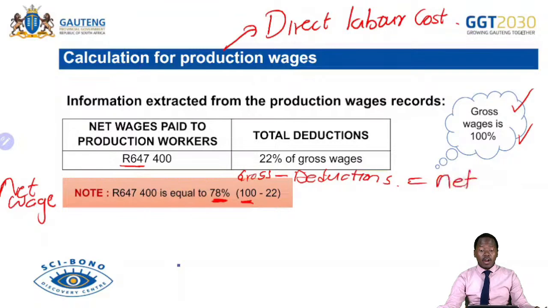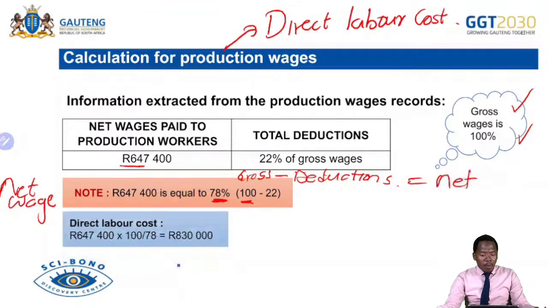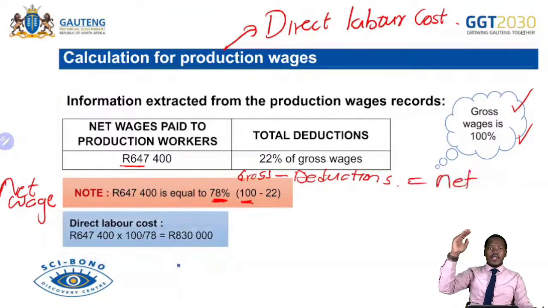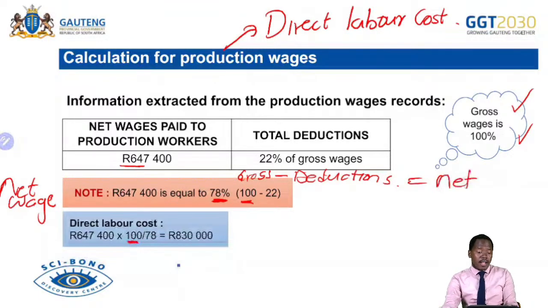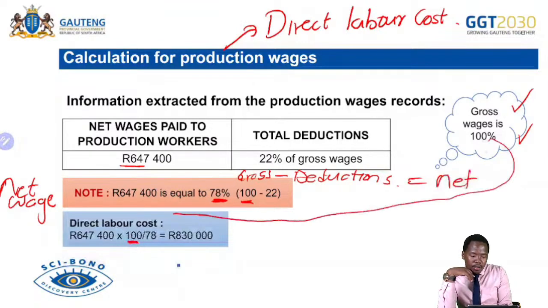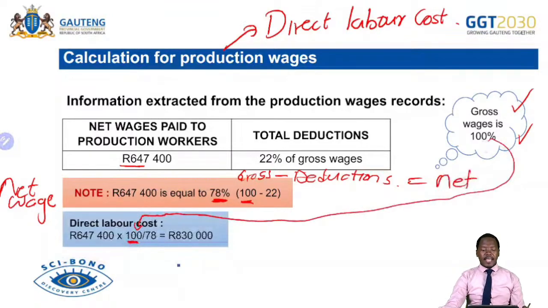Now, grade 12, let us move on. Now we are applying our UK method. Unknown over known. UK method. Now, I am looking for my gross wage. For me to get my gross wage, grade 12, what am I going to do? I'm taking my net wage, multiplied by 100, putting 100 on top because that is what I'm looking for, and then I divide by the 78.